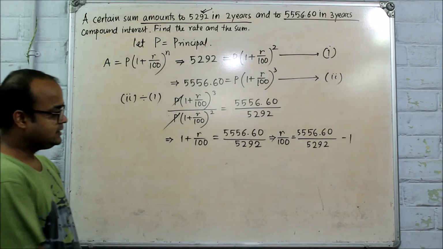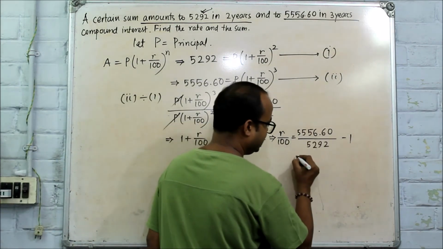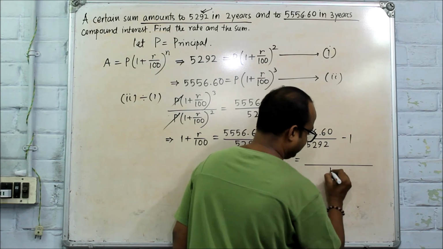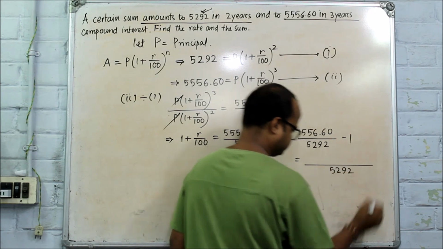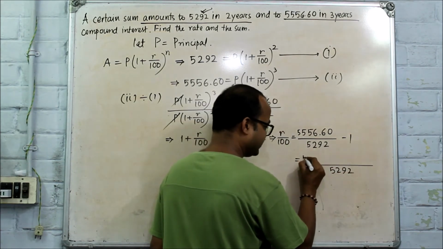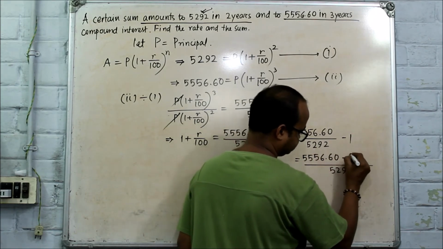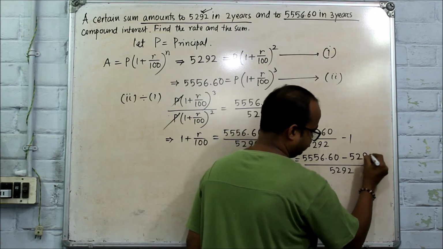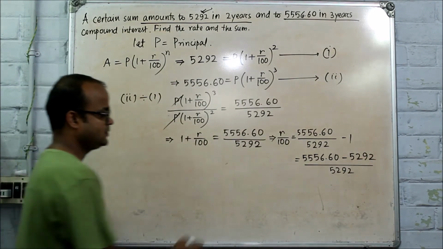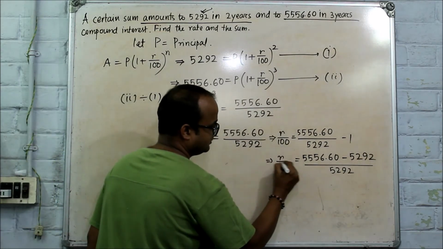Clear? Now if I simplify this one, LCM is 5292 and numerator will become 5556.60 minus 5292. It implies this is equal to R by 100.